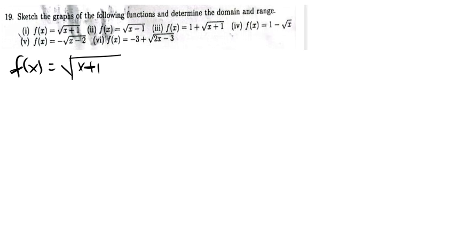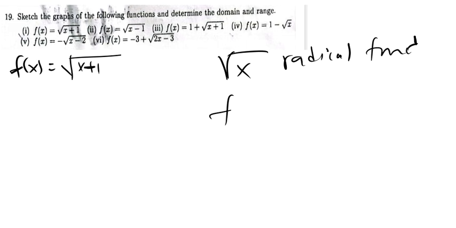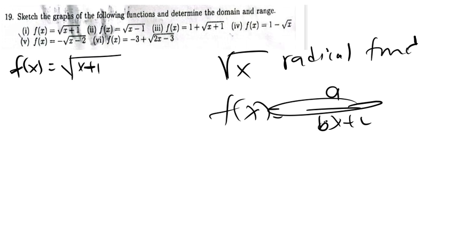The moment you see a square root with x inside, that is a radical function. When you see a over bx plus c, as long as there is a division and there is an x down there, even if on top there is no x, that is a rational function.